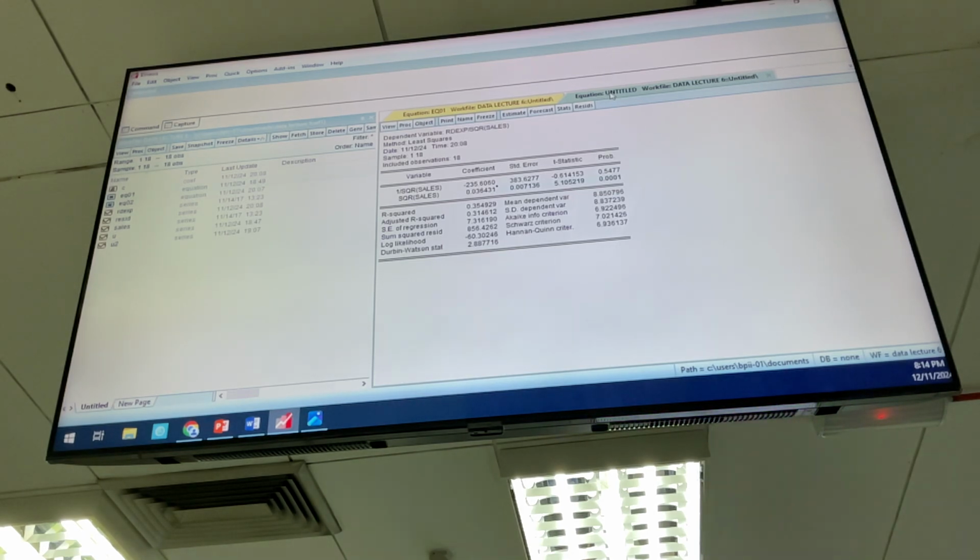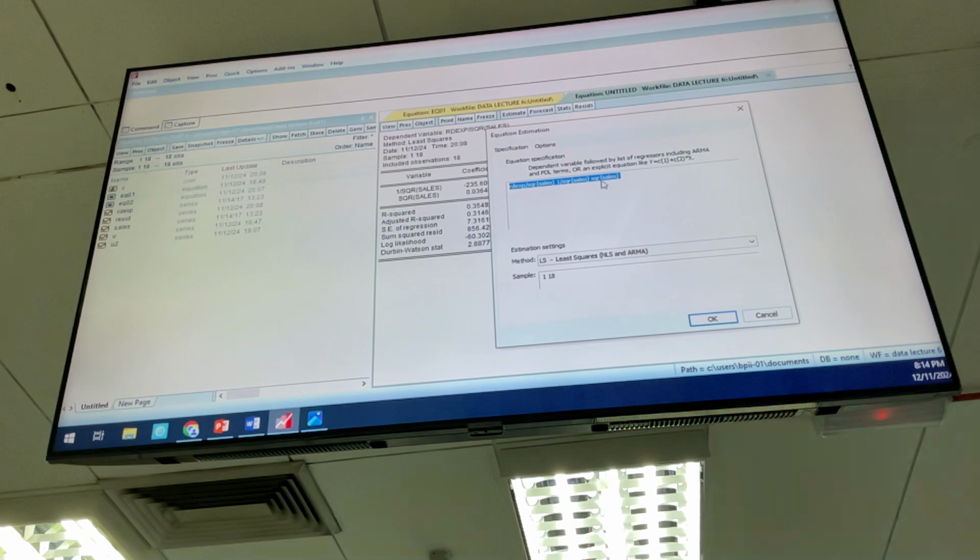So let's say it is proportional to x squared, so we estimate by dividing by sales instead of the square root of sales. And 1 over sales, which was originally the intercept, now becomes 1 over sales, and then sales divided by sales is 1, so it is equivalent to having a constant, you put C here.